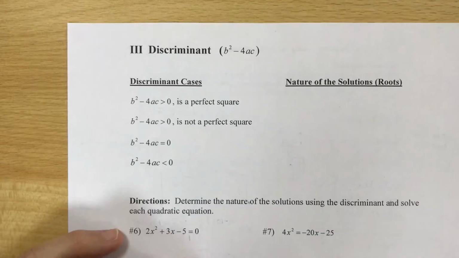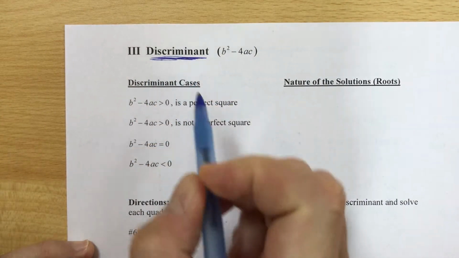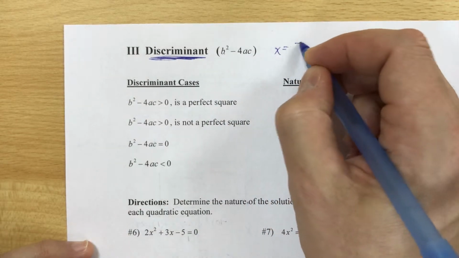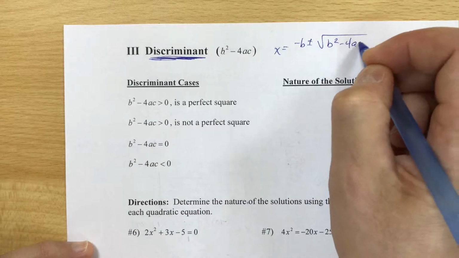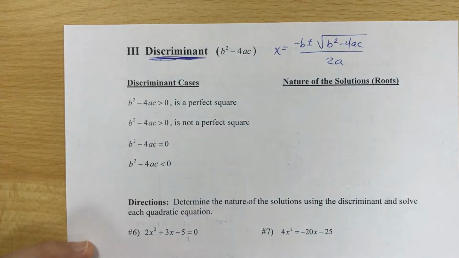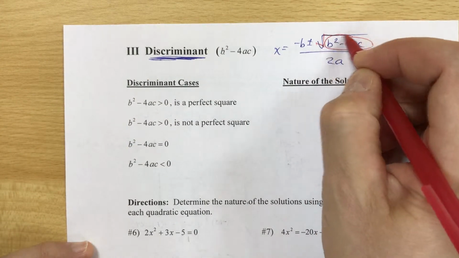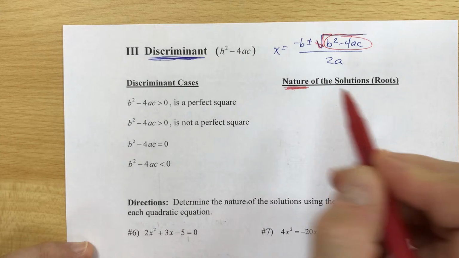So if you flip this on the back, what we have is a word here, it's called the discriminant. And the discriminant is b squared minus 4ac, which, when we look at the quadratic formula, is the expression that is underneath the square root. And what that tells you is something called the nature of the solutions.